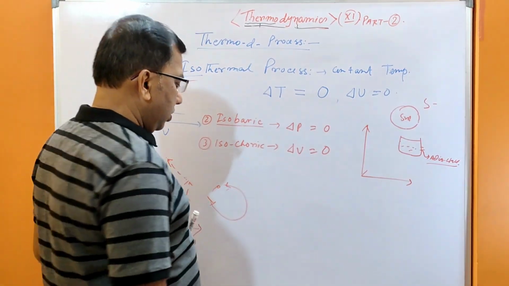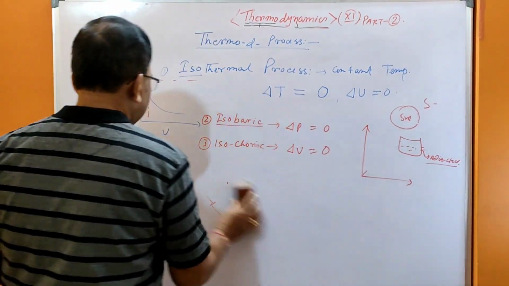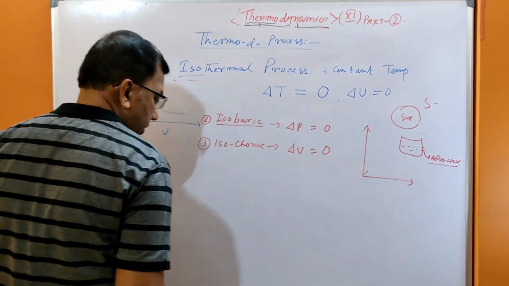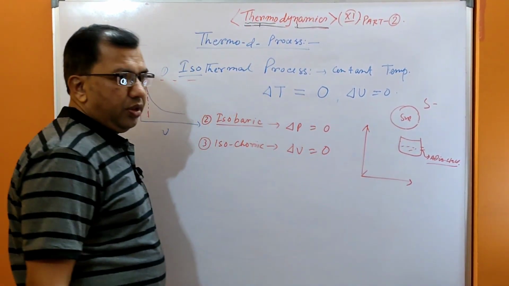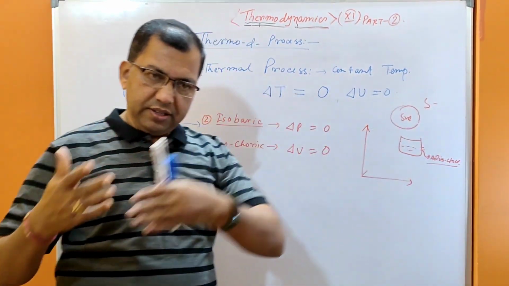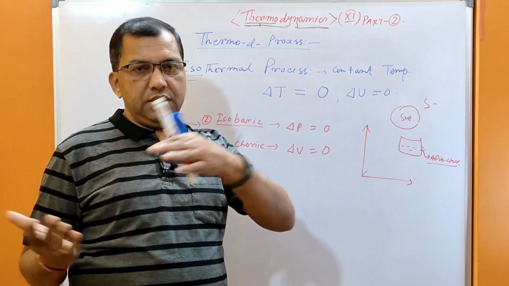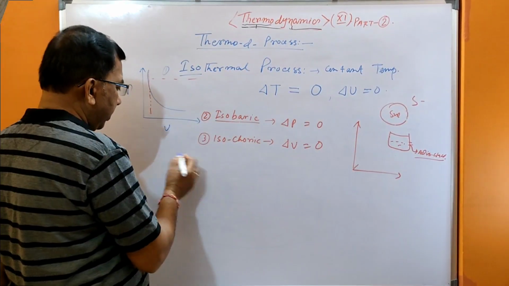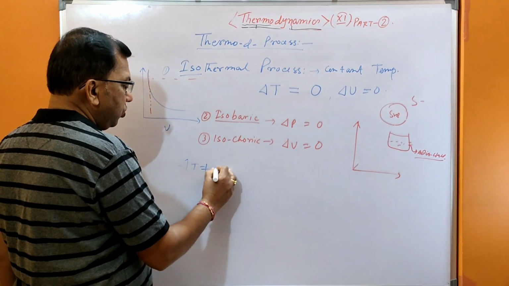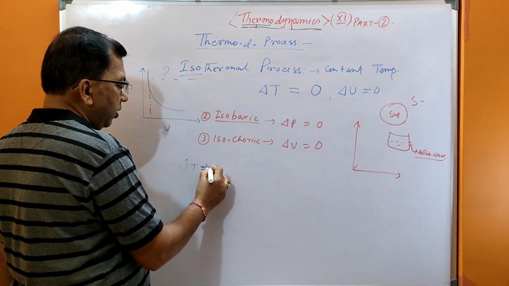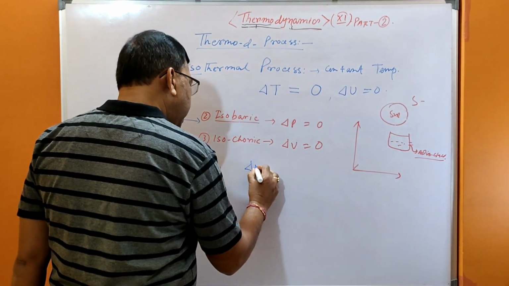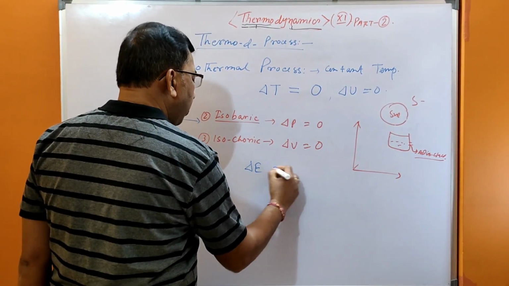Now decide what will happen in a cyclic process. Initial and final position, delta V is final minus initial. In this case, delta T is not the path function issue, but delta E, that is delta U, equals 0.